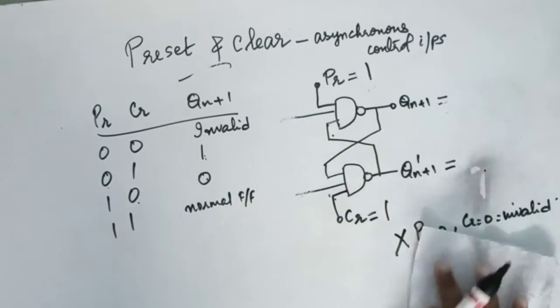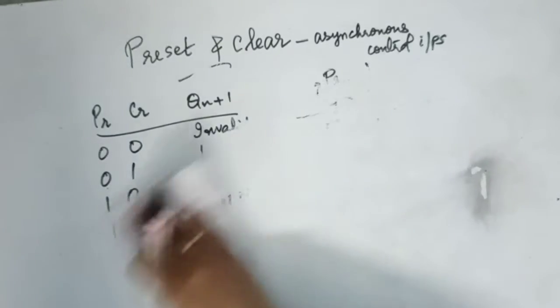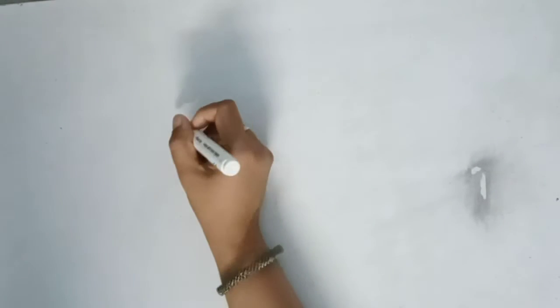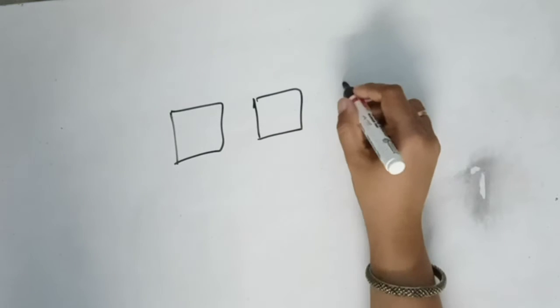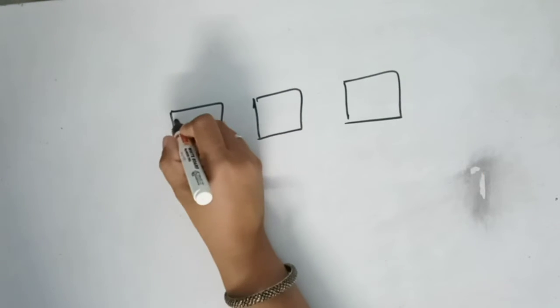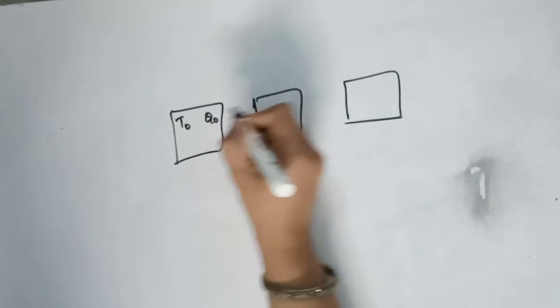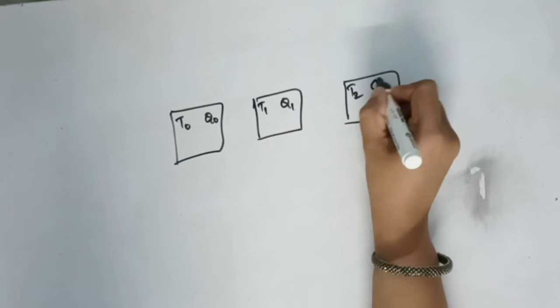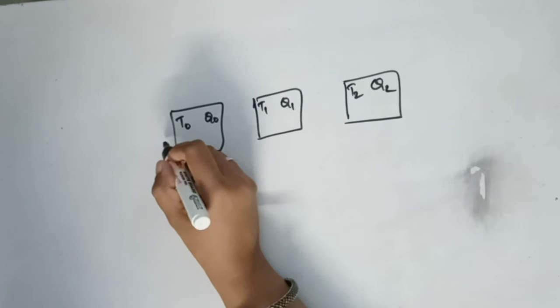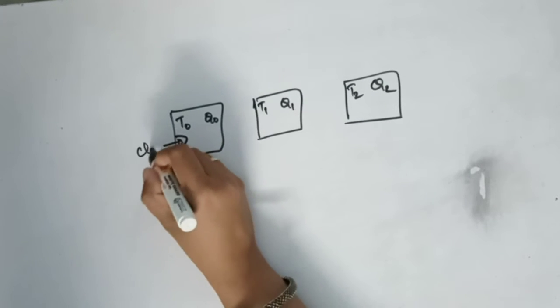So in the case of up counter and down counter, we had kept like this. This is clock.